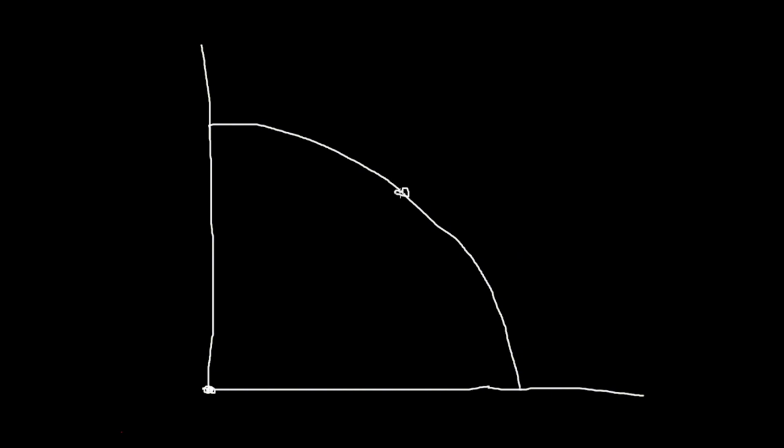If I have a point right here, and remember our radius is 1, the point's coordinates will actually be cosine theta, comma, sine theta.